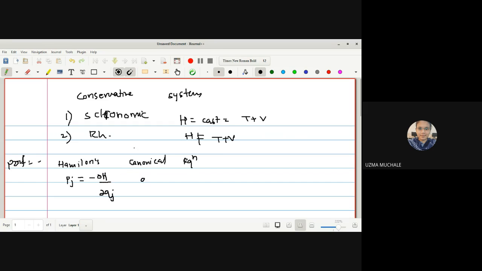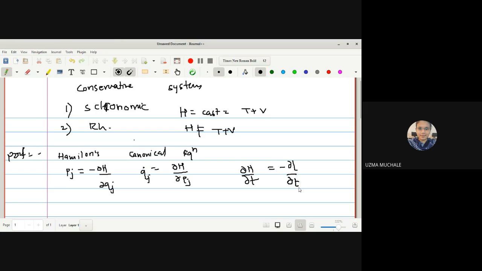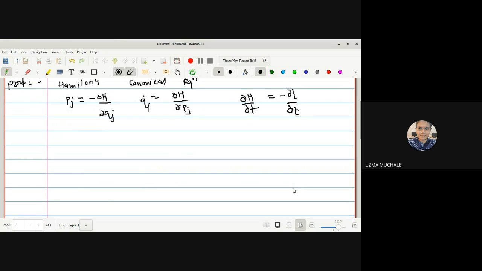Next, Qj dot is equal to dou H by dou Pj. Next, dou H by dou t is equal to minus dou L by dou t. So these are our equations.